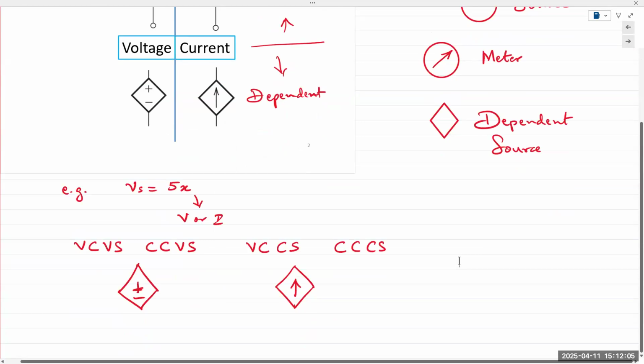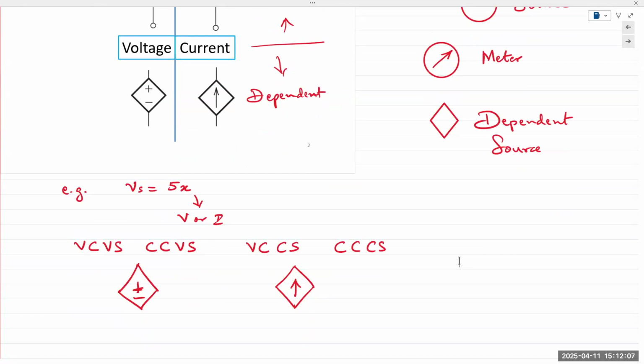We can have a dependent voltage source and a dependent current source, and they could both be dependent on a voltage or a current. So we have 4 different kinds of dependent sources: VCVS, CCVS, VCCS, and CCCS. The reading that I've assigned walks you through all of these sources, the different types, and the ratios and the units of these dependent sources.